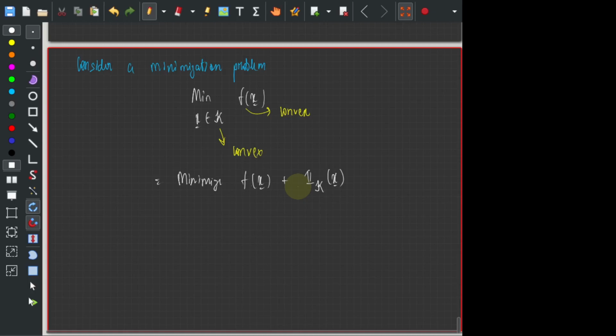How do we define this particular indicator function? I'll say that this indicator function takes the value 0 if x satisfies the constraints, and it's equal to plus infinity if it does not satisfy the constraint. Is this a convex function?